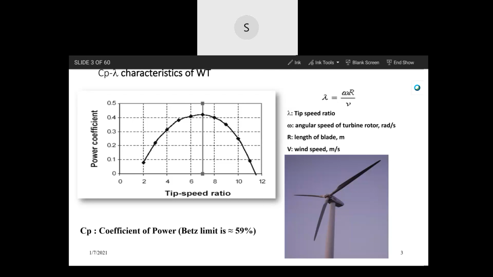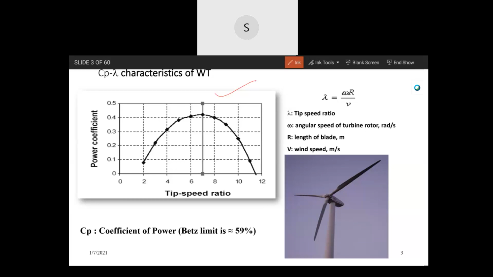Many will be knowing this again, still let me have a review because I'm not sure whether everyone is aware of it. This is the characteristic of the wind turbine generator. It's a plot of power coefficient versus tip speed ratio.